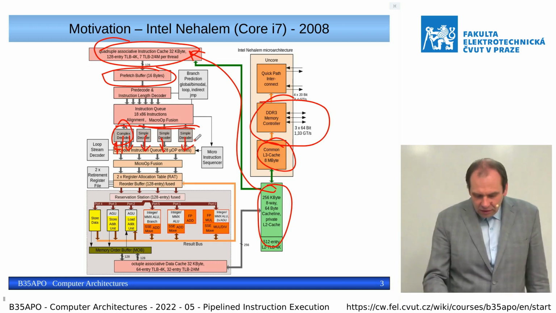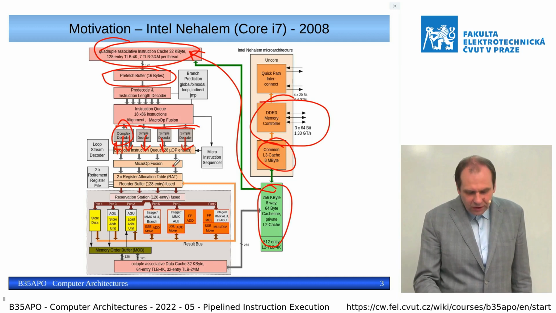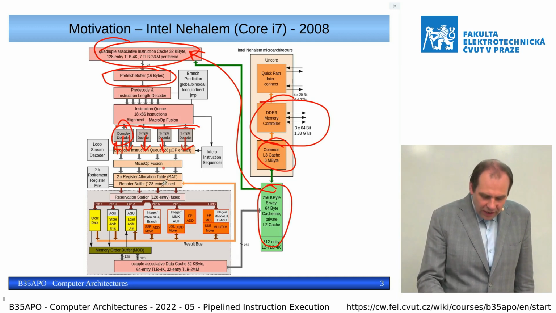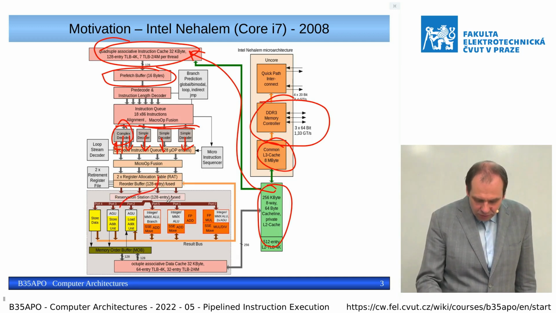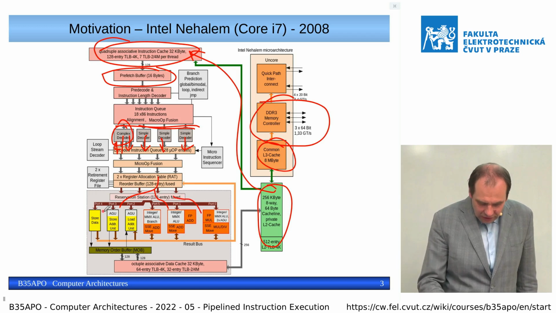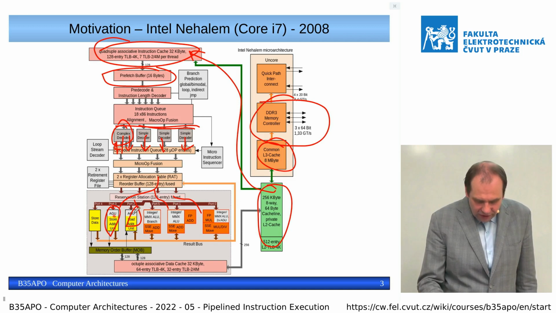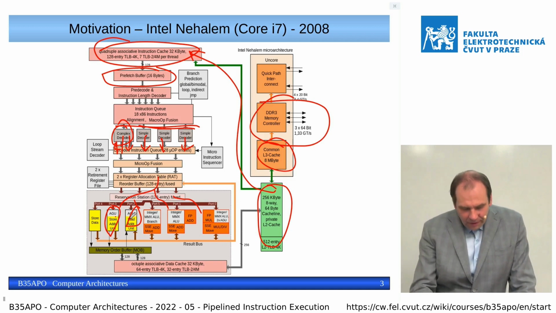And then we can macrofuse instructions and so on, and then we dispatch them to the multiple execution units. So there is one arithmetic logic unit, another, and those two can work as units to compute the addresses to the data memory. Those units are only arithmetic logic units.